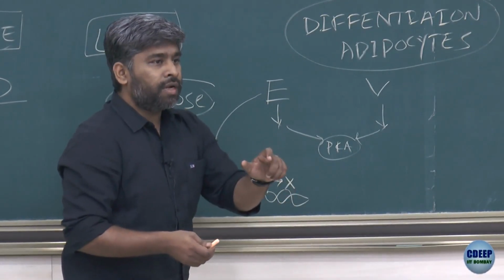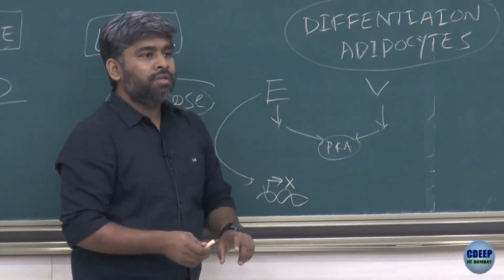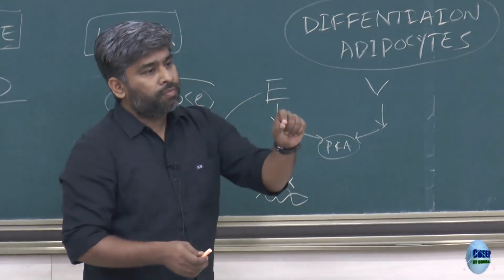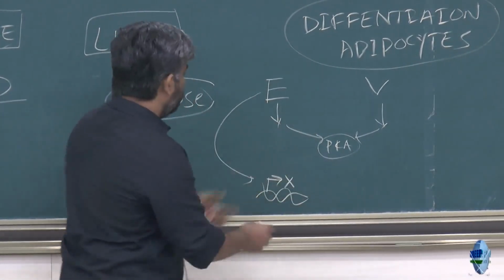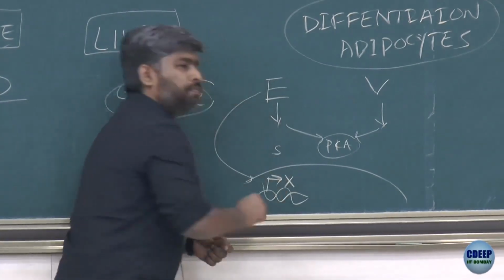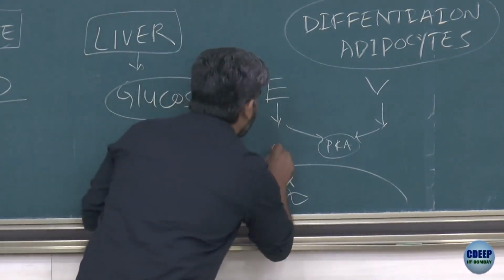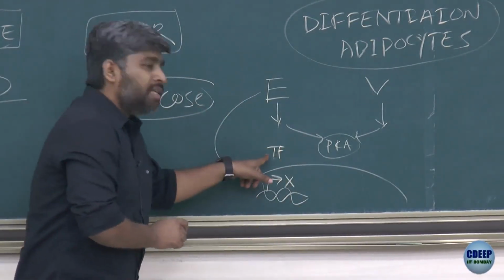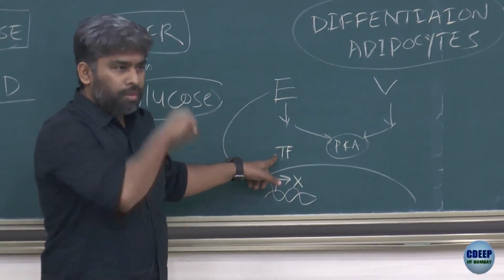This transcription factor will be either in the cytoplasm or in the nucleus. Along with this transcription factor, there will be another factor. Let's say you have transcription factor TF. It has to be sequestered in the cytosol, right?